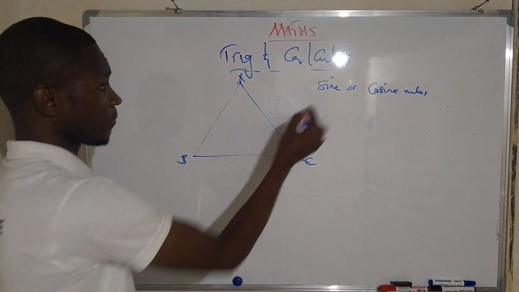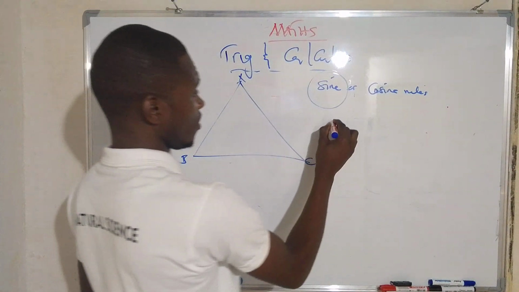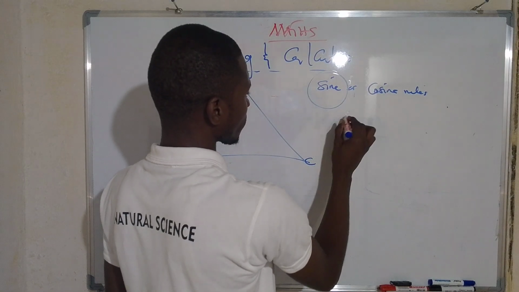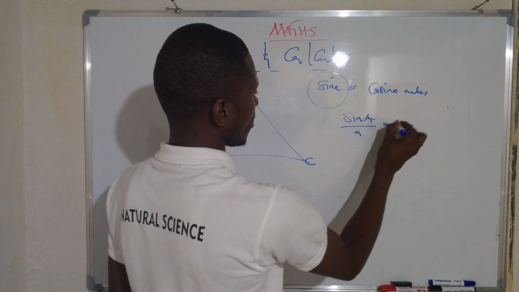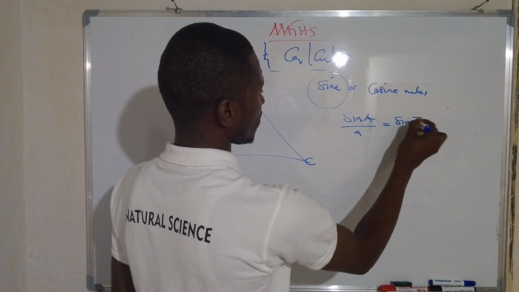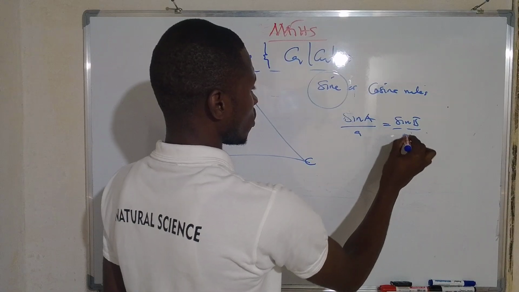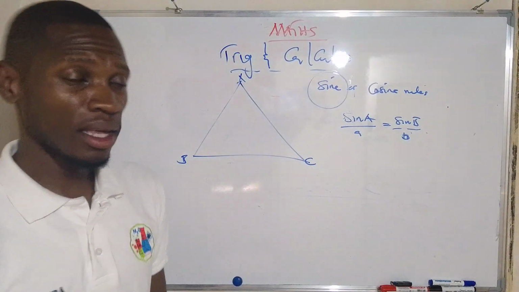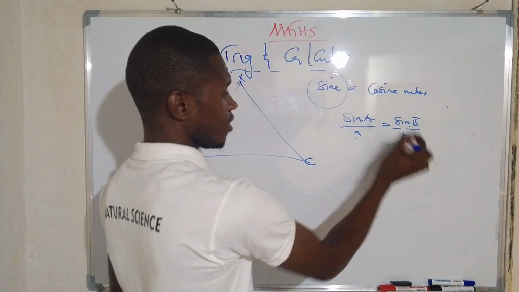So let's look at the sine rule. If I have sine A over A, I have sine B over B small letter. This one is representing angle, this one is representing the side, this one angle, this one side.